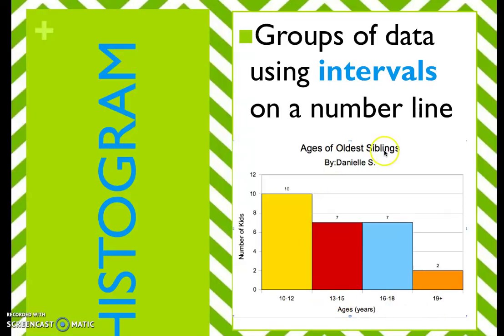A histogram represents intervals, okay, or a range. So for example, if you look right here, okay, this is the range from 10 to 12, okay, and then this one goes from 13 to 15. That's why there's no space in between, is because where one interval stops, the next one begins. So they're all tied straight together. Again, it looks a lot like a bar graph, except the bottom ranges are not one single value.